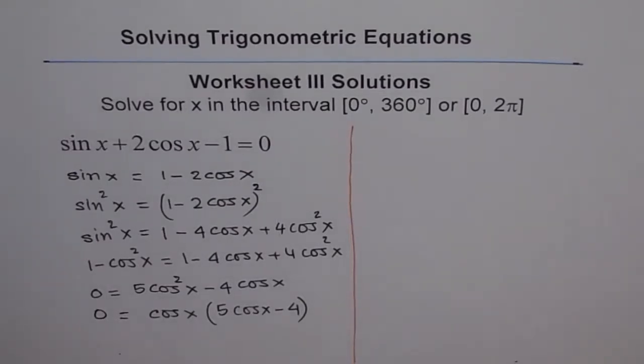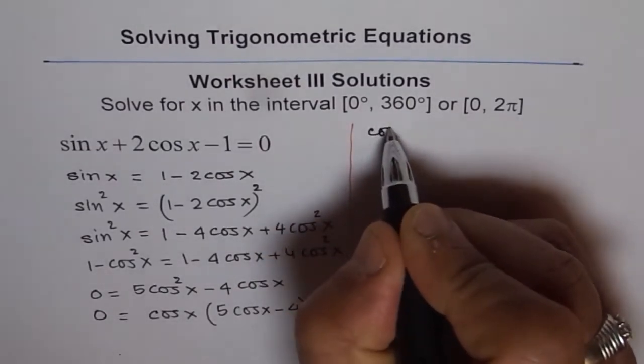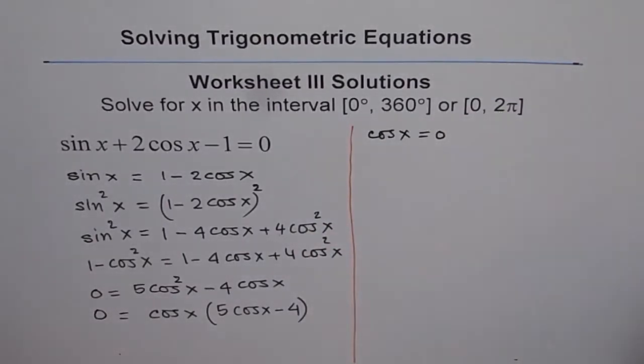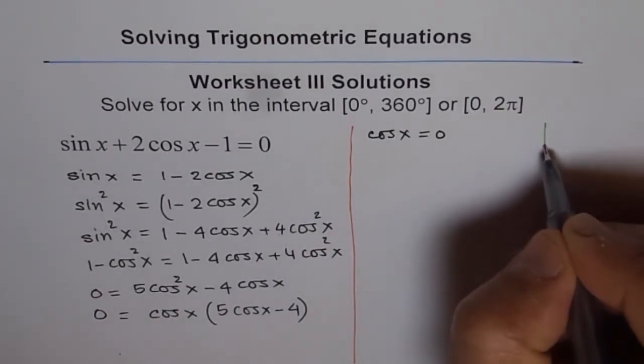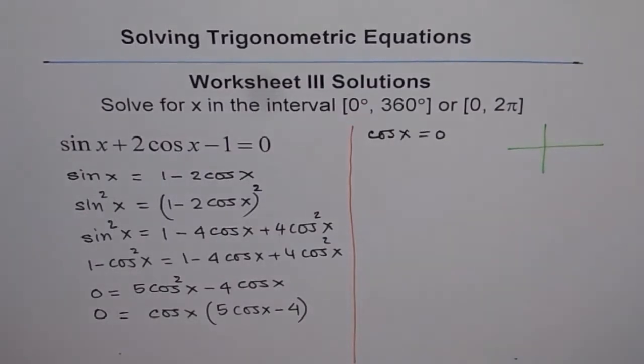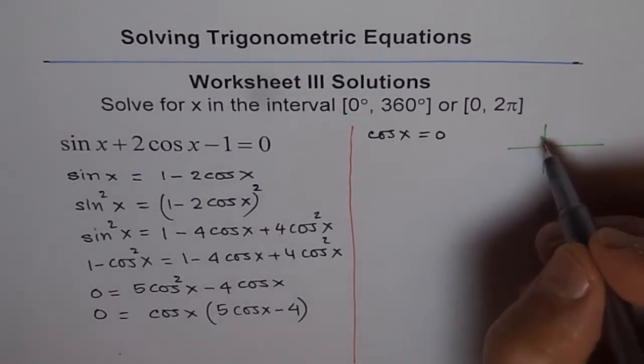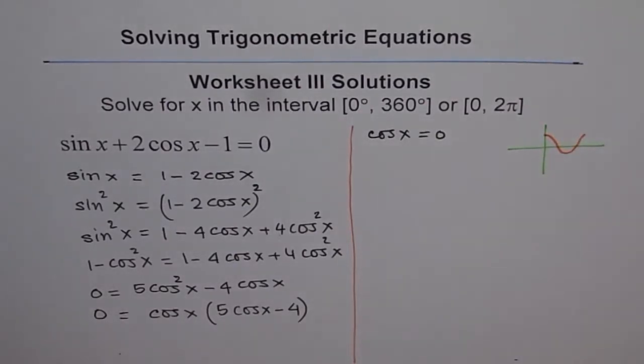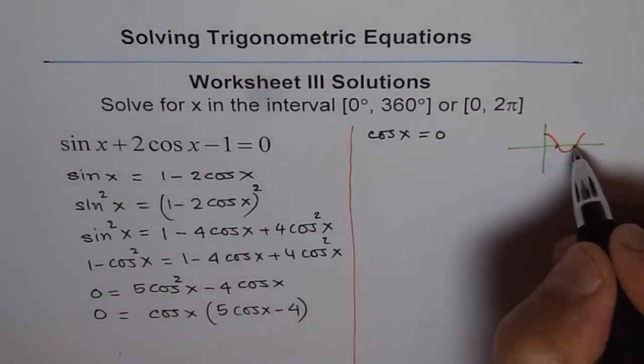So we have solutions here, and we can write this as cos x equals 0, right? When I say cos x is equal to 0, then I'll revert back to my sketch of cos x. Whenever I get cos x or sin x equals to 0, I prefer to draw this. It is faster and it's so obvious when you look at it, right?